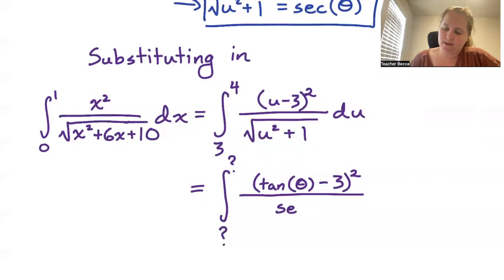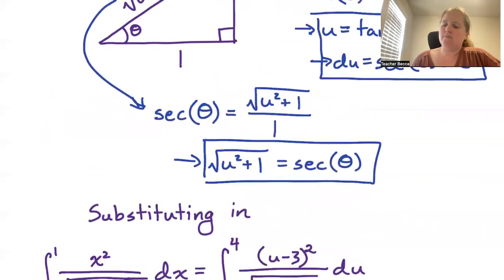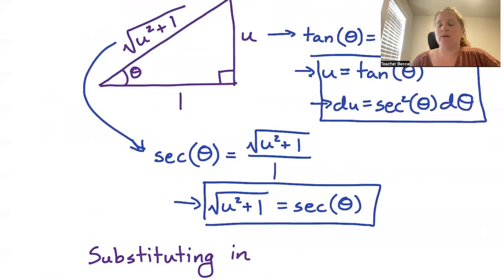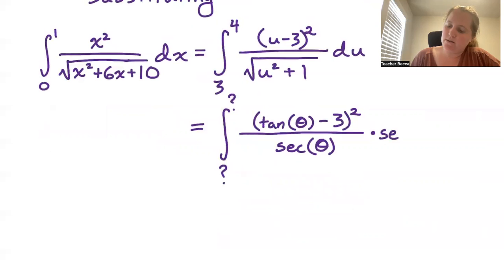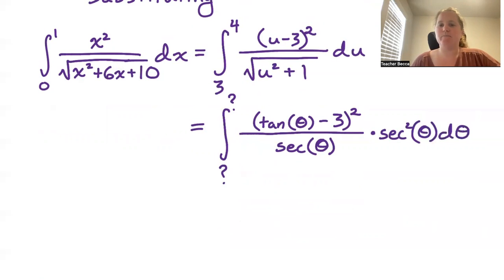So all divided by secant of theta. Then our du is secant squared theta d theta. So we end with multiplying by secant squared theta d theta.